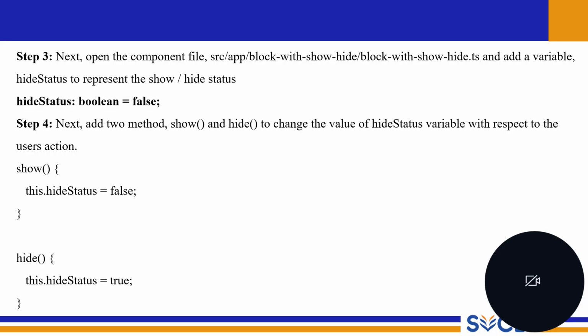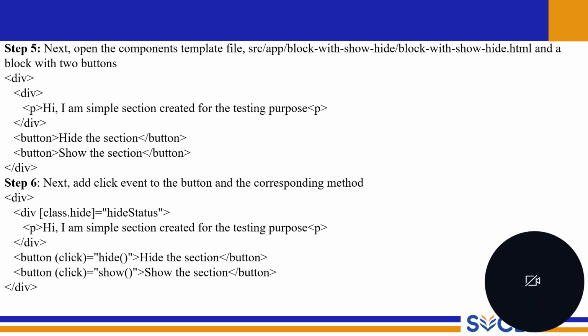In the third step, open the component file and add a variable hideStatus to represent the show or hide status. The fourth one, add two methods, show and hide, to change the value of the hideStatus variable with respect to user actions. In step 5, open the component template and add a block with two buttons.